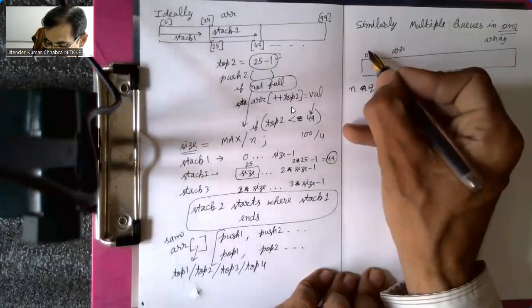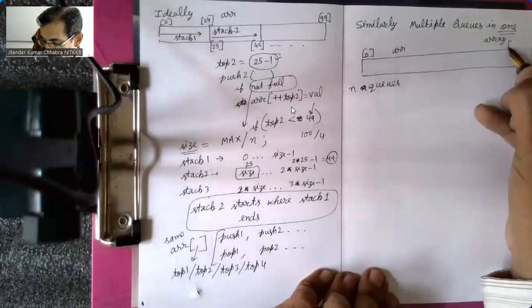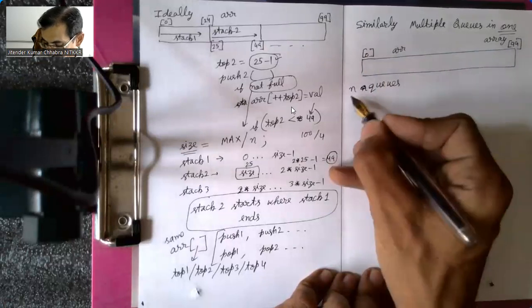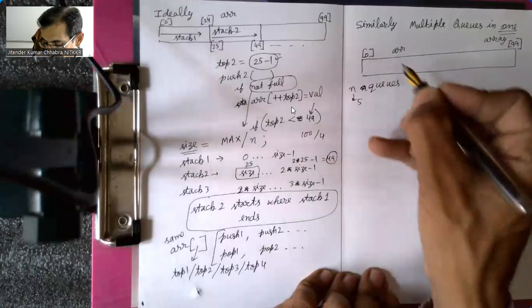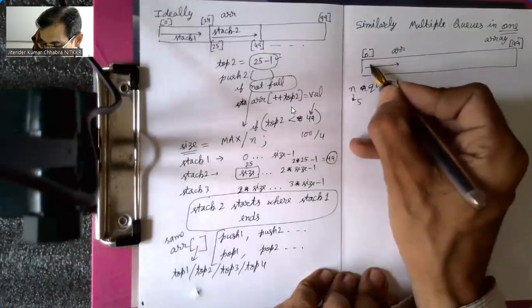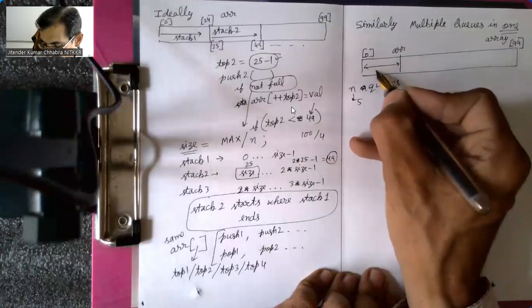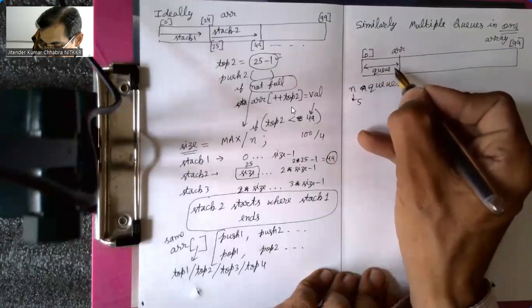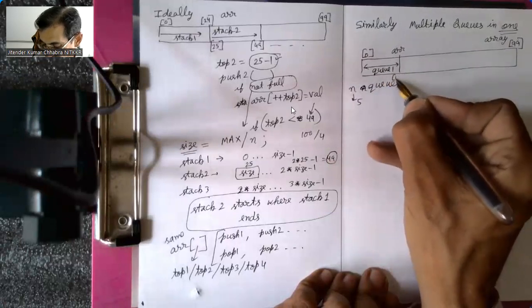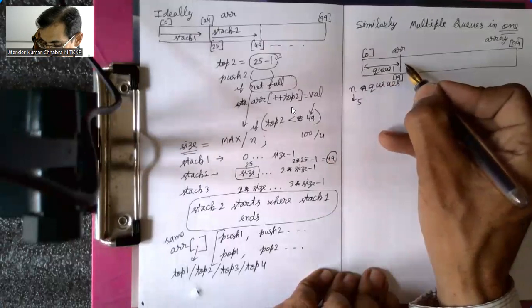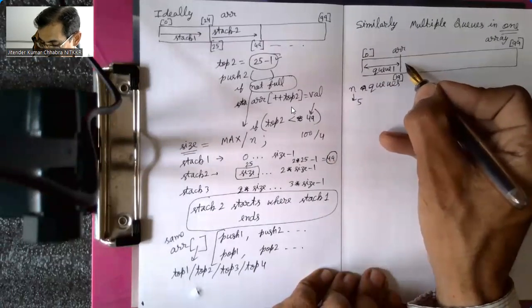For example, if it is 0 to 99, my n is 5, so I will say 0 to 19 will be Q1, up to 19. So 20 locations used for this.